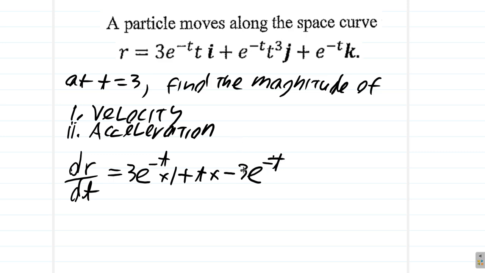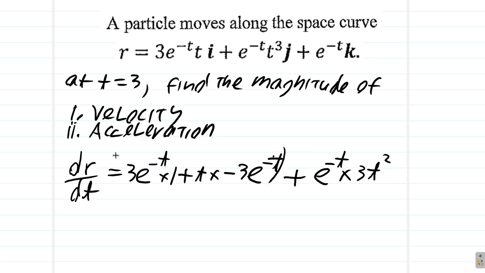That was the product rule, and this part with the negative 3e to the negative t is the chain rule, so you have to remember how to use those rules. Plus, product rule again and chain rule: you hold e to the negative t as it is, times the derivative of t cubed, which is 3t squared.